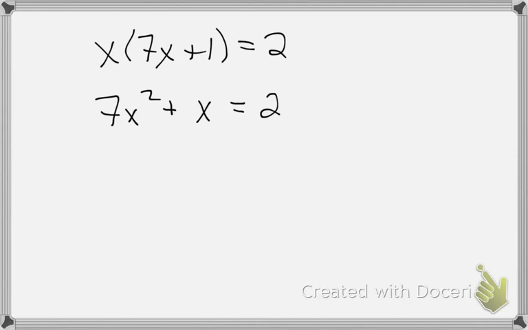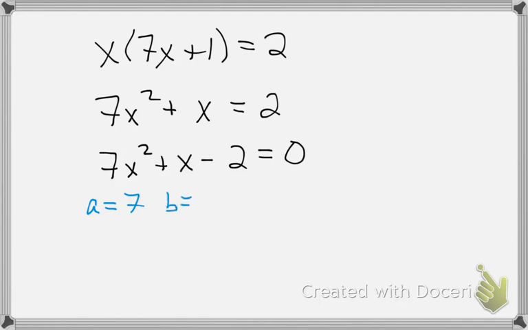Subtract the 2 over, because our goal here is to get it in standard form, ax squared plus bx plus c equals 0. So I get 7x squared plus x minus 2 set equal to 0. Let's do this with the formula; we already did it with completing the square. So if I'm using the quadratic formula, a is 7, b is 1, c is negative 2.